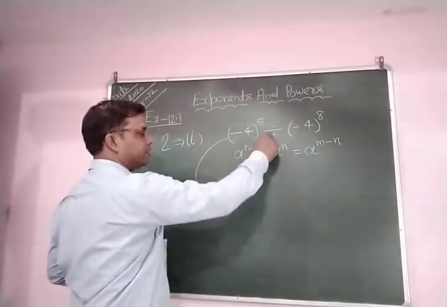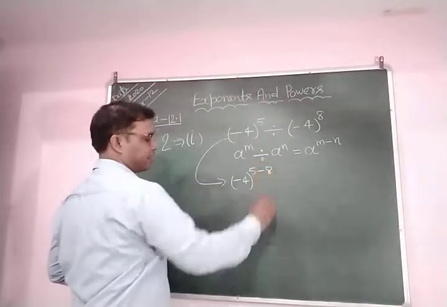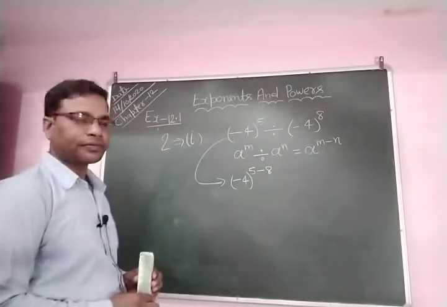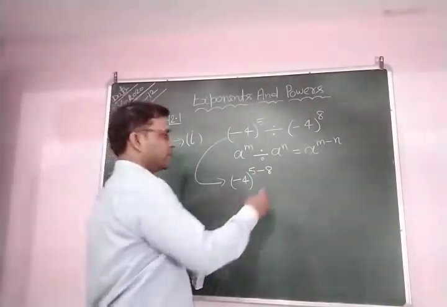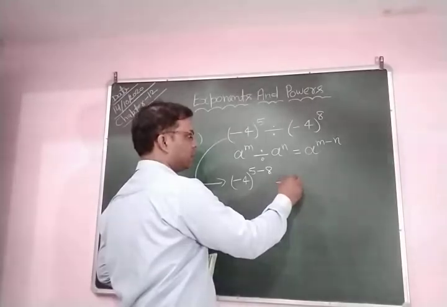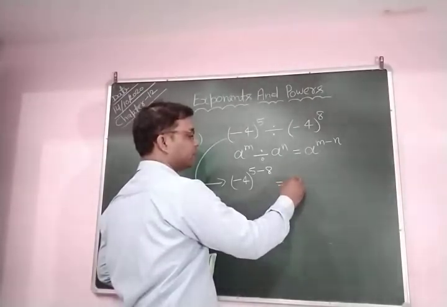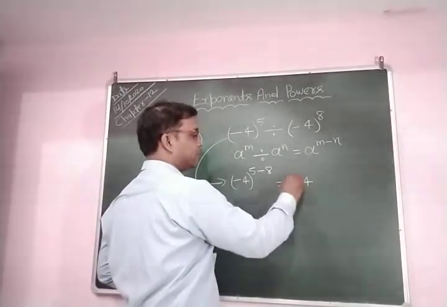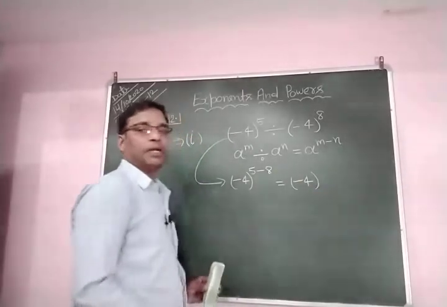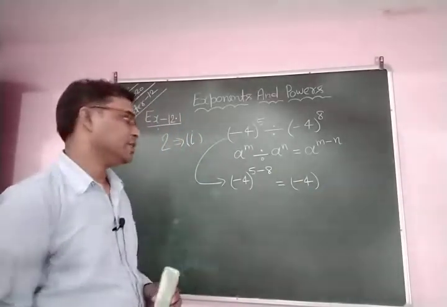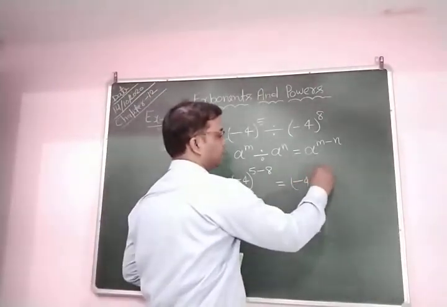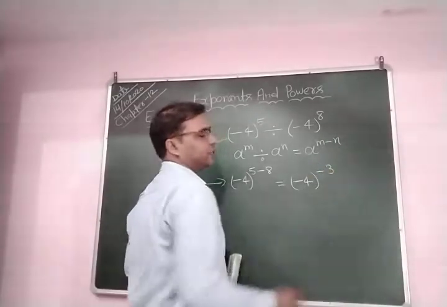This is a case of division, so it becomes minus 4 to the power 5 minus 8. If you subtract 8 from 5, we obtain minus 3. This is equal to minus 4 to the power minus 3.